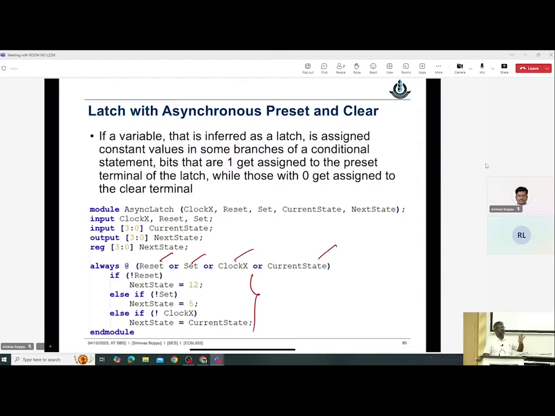So now we have some kind of a priority, and you enter into this loop whenever anything changes. That means reset is also asynchronous, and set also is asynchronous. If any of those changes, your output should really change, right? Is it clear? Fine.